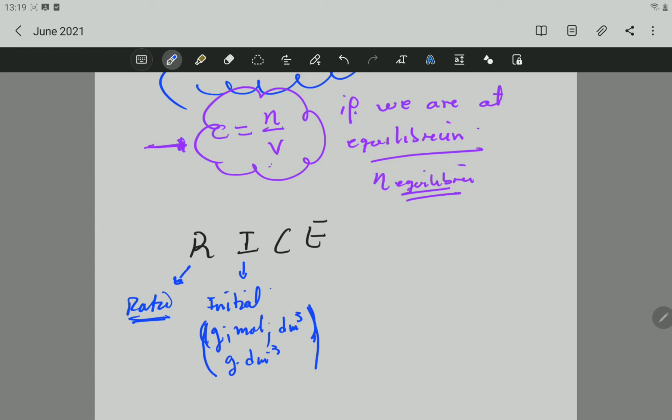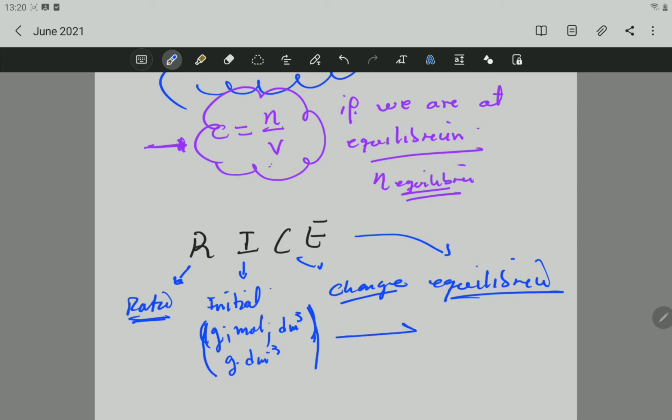Okay. Now this is change. How much the initial amount changes. And this is equilibrium, the amount at equilibrium. So if we're starting with grams, then this one will be in grams. If we're starting with mole, this one will be in mole.